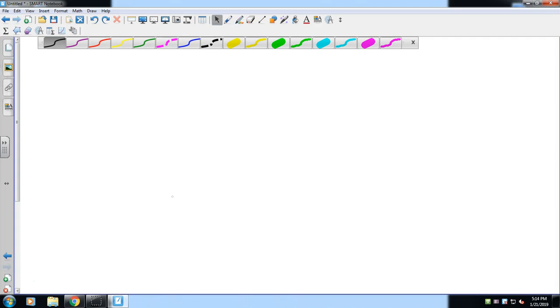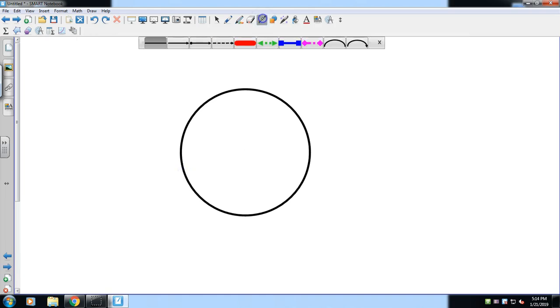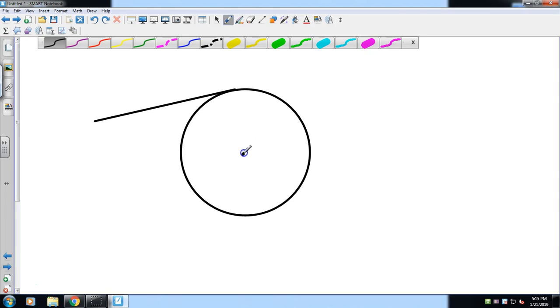Okay, so let's talk about what a tangent actually does. A tangent in a circle, let's say I had one that went right there. A tangent creates a 90-degree angle. Let's say I have my center right there.